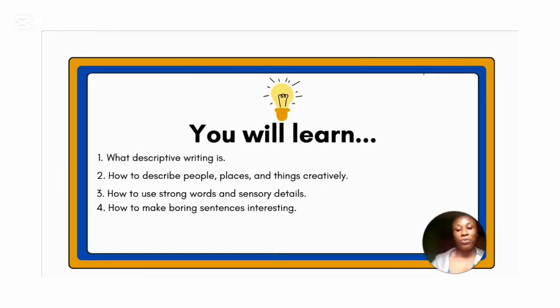In this video, you're going to be learning what descriptive writing is, how to describe people, places, and things creatively, how to use strong words and sensory details, how to make boring sentences interesting.